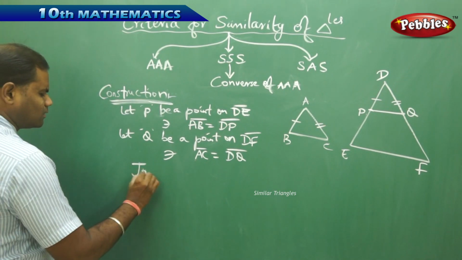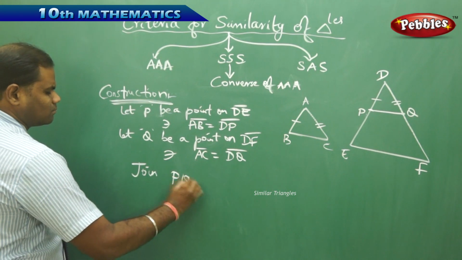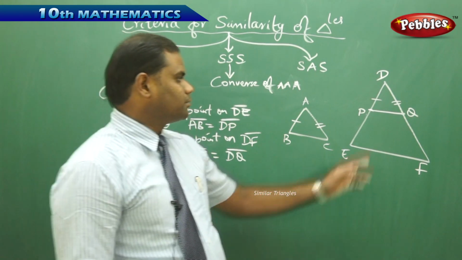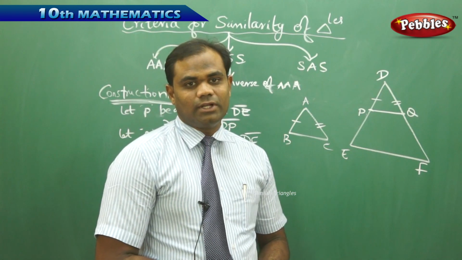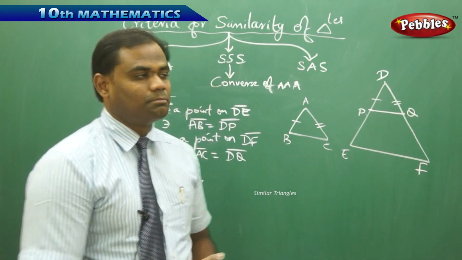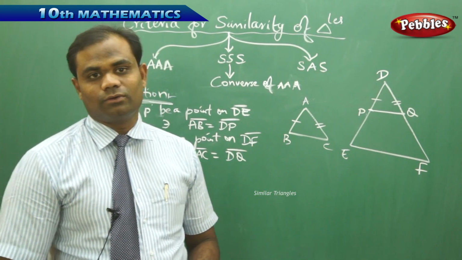Then finally I join PQ. So joining PQ, I get two triangles ABC and DPQ. So let's see how we can proceed with the proof of the theorem.